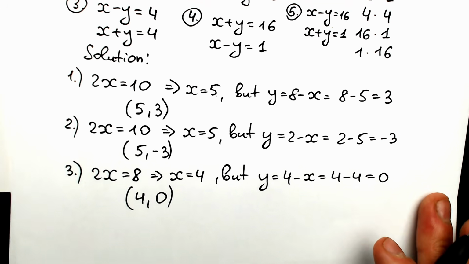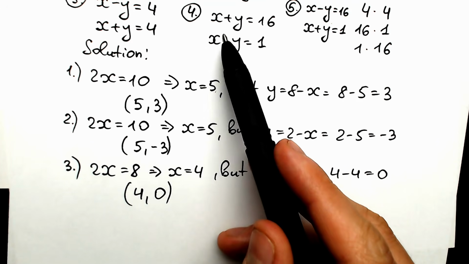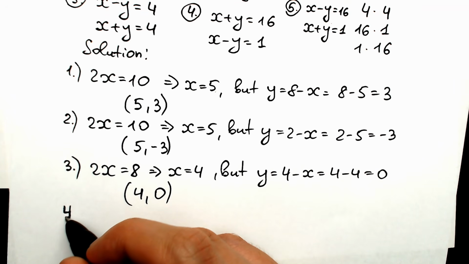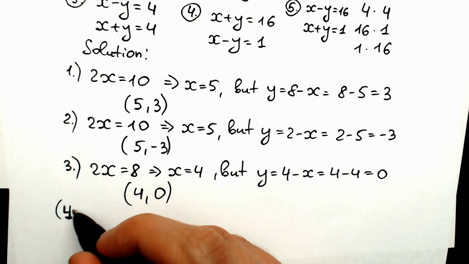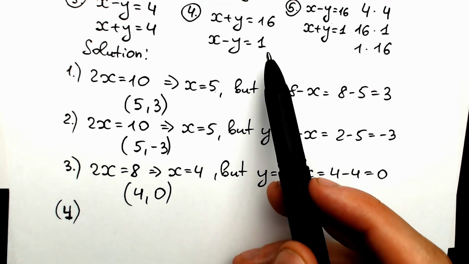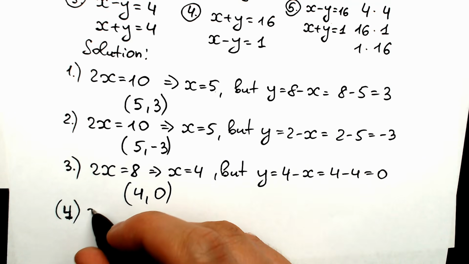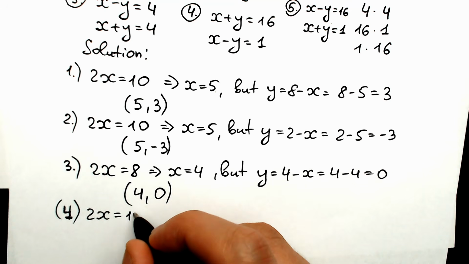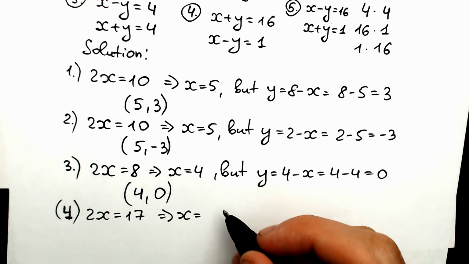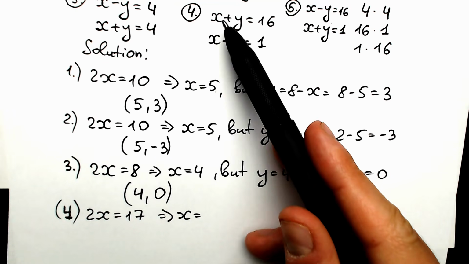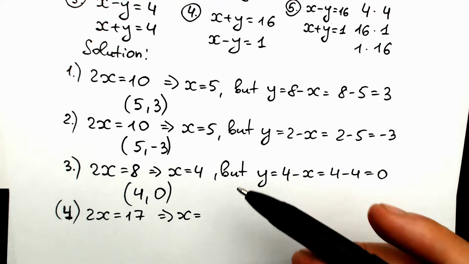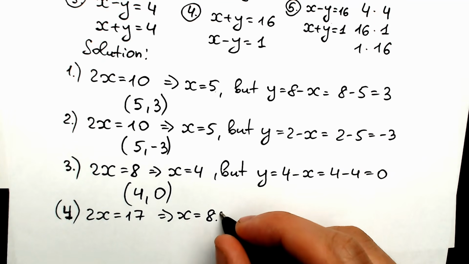Really great. And our last two pairs, the fourth and fifth, let's solve real quick. In our fourth system of equations, when we add it, we have 2x equals 17, and from here x is equal to 8.5.